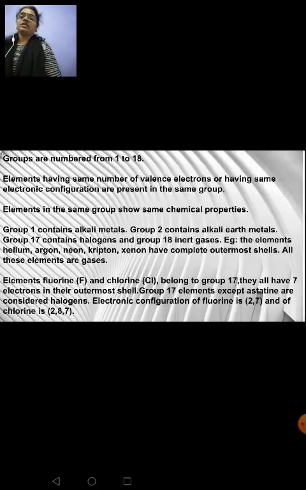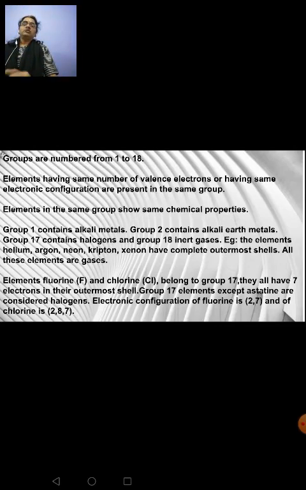Next, let's talk about how the elements are arranged in the group, what are their characteristics, based on what basis they are put under particular group. So I said modern periodic table has got 18 groups. Okay, group number 1 consists of alkali metals, like all your first group elements.